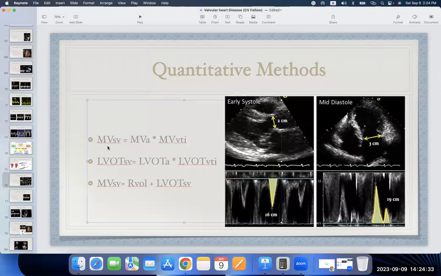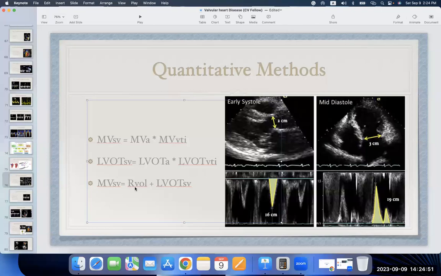So here again, the mitral valve stroke volume equals the mitral valve area multiplied by the mitral valve VTI, and the LVOT the same. And then the mitral valve stroke volume equals the regurgitant volume plus the LVOT stroke volume.